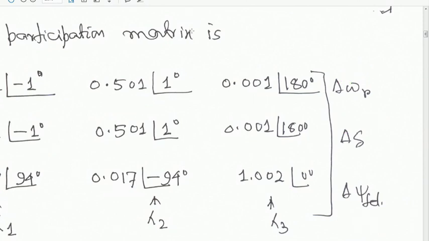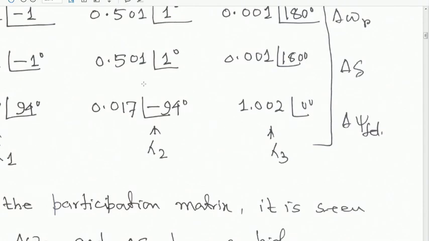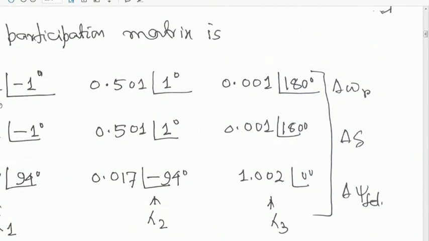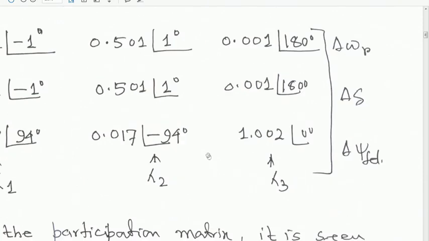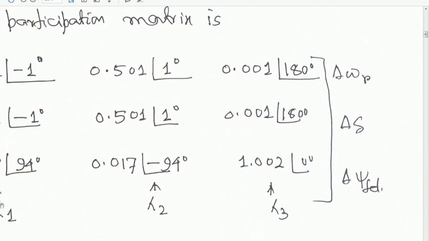Because three variables are there, delta omega r, delta delta and delta psi f d, since we have taken 3 by 3. This is for lambda 1, this is for lambda 2, and this is for lambda 3. Based on that, the participation factor is computed. I have marked it: this is for lambda 1, lambda 2 and lambda 3.